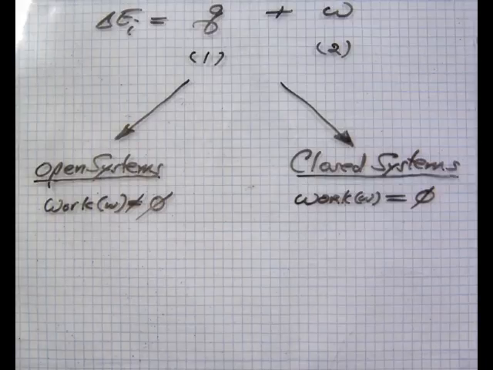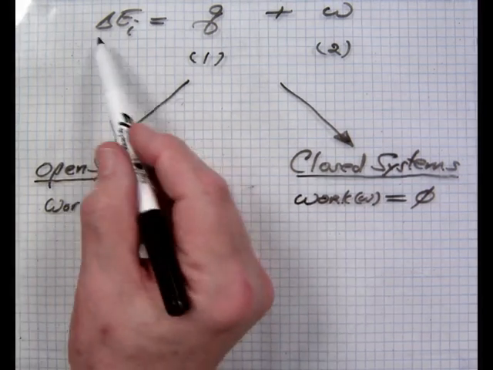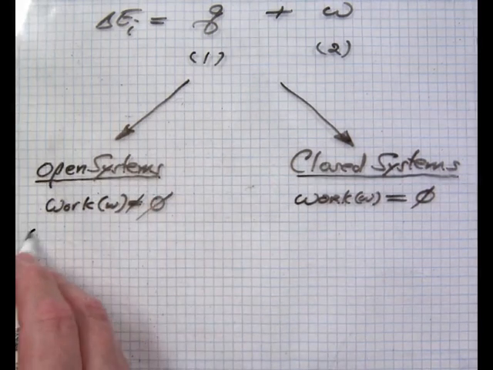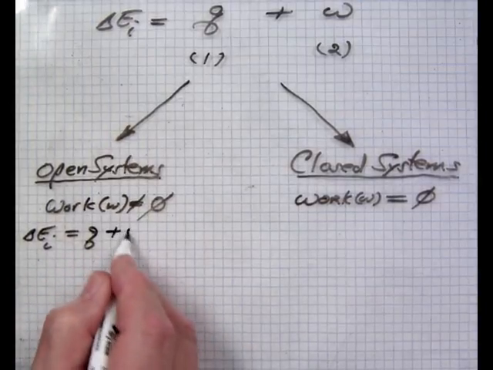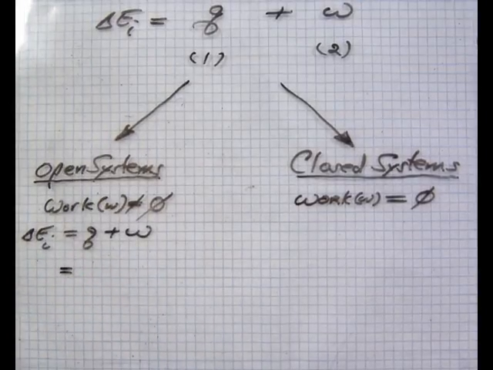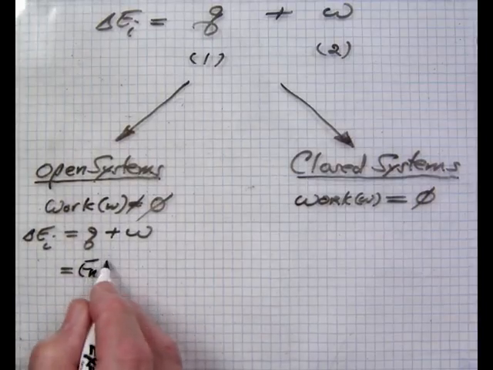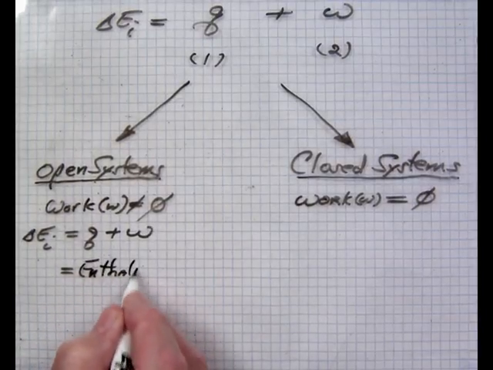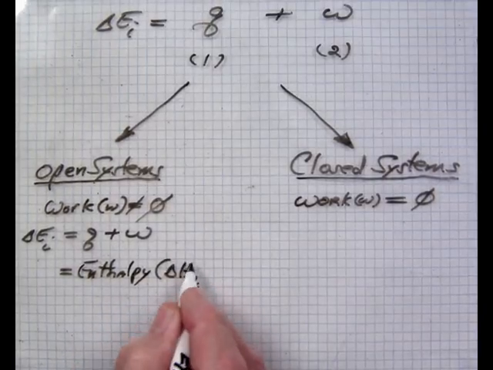In chemistry, the equation delta E_I equals Q plus W is translated into what we call heat of reaction and work of reaction. Heat of reaction is called enthalpy and is given a delta H of reaction.